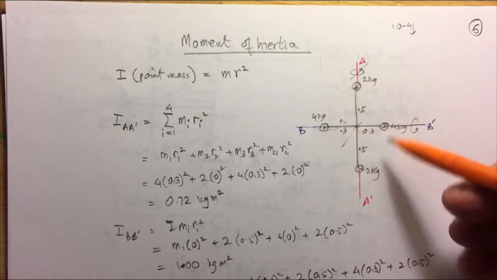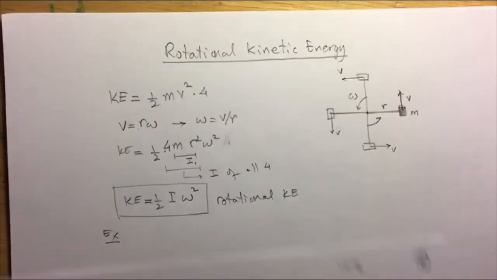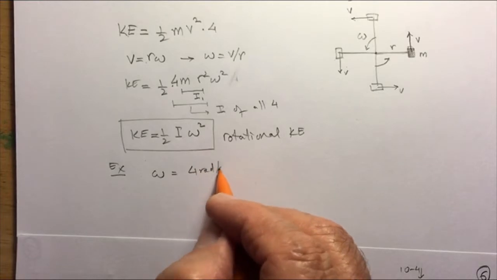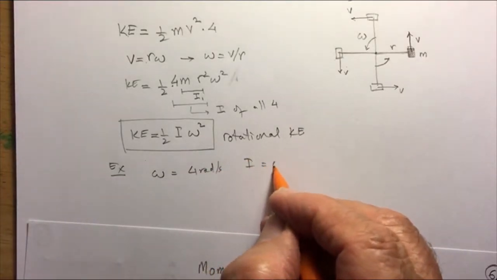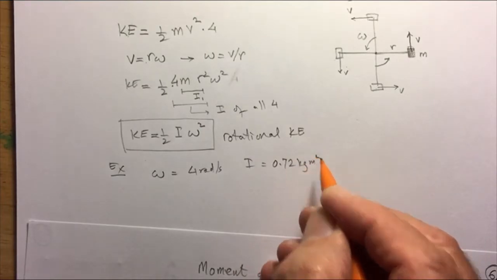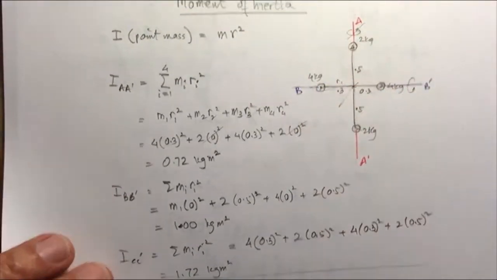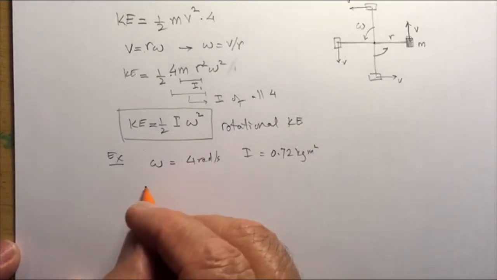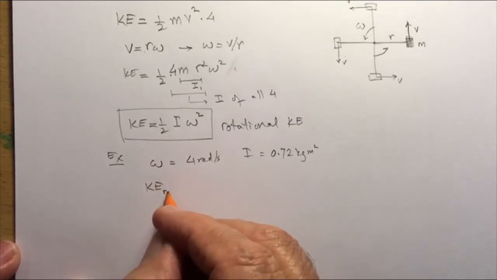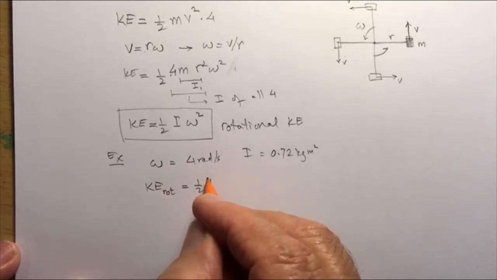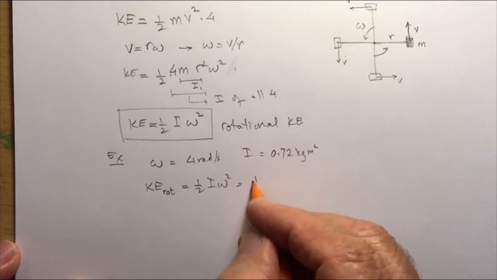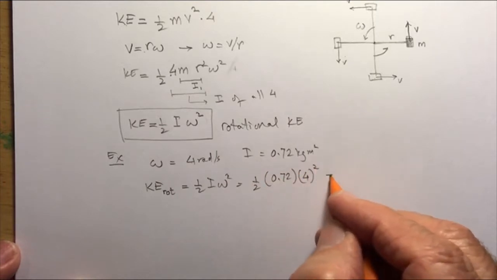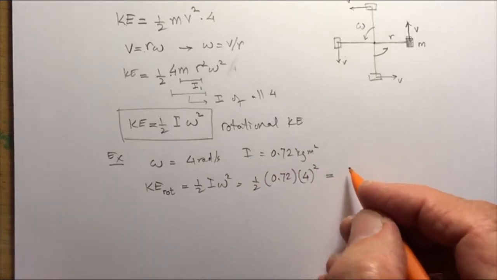So if we have the same thing and it's spinning with a certain omega, let's say the omega is 4 radians per second, and the moment of inertia is 0.72 kilogram meter squared. Then the rotational kinetic energy, which we can write like this, is half I omega squared, will be half times 0.72, and omega is 4 radians per second squared, and this will give us 5.76 joules.